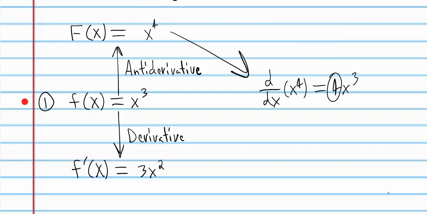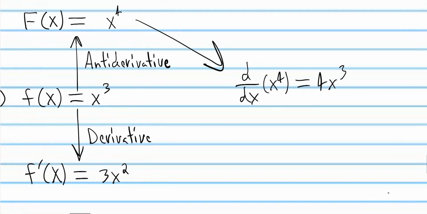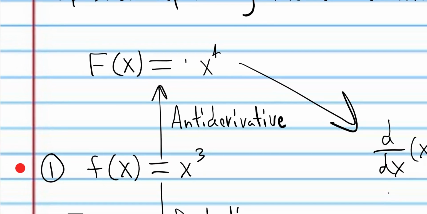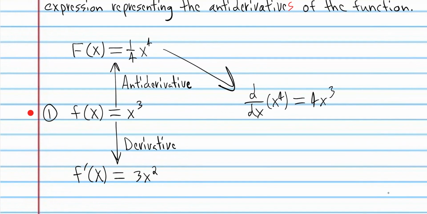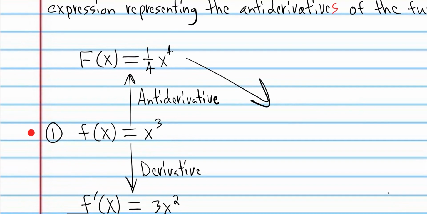So if we want that 4 to go away, we have to do the opposite of multiplication, which is division. So we have to have a 1/4. Remember, multiplying by 1/4 is the same thing as dividing by 4. We have to have a 1/4 there to counteract the 4 when it comes down.